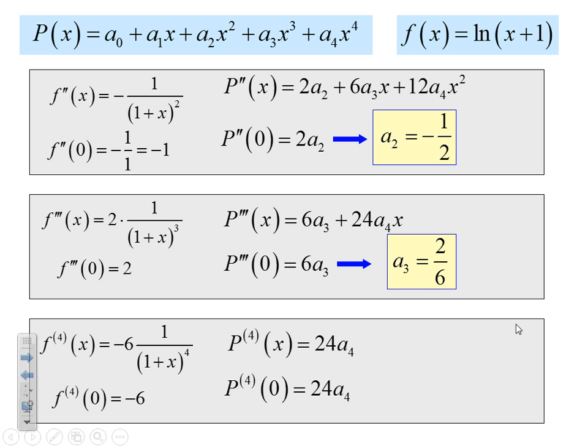So when we plug in 0, we're just left with the constant. We know we want that constant to equal -6. So our coefficient is -6 over 24. So let's go to Desmos.